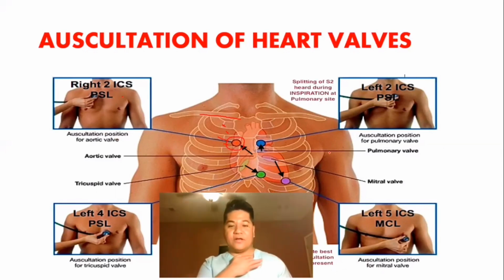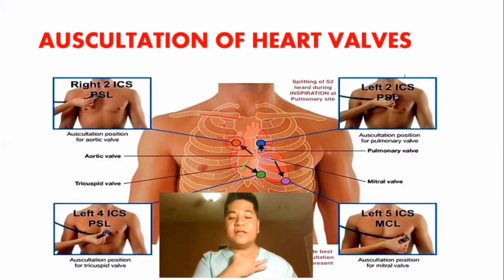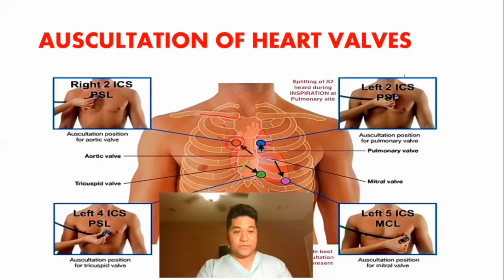So from your clavicle, below 1 and 2, that's where you put your stethoscope to auscultate it. Okay, then next is just the opposite of that, because that's the right, then to the left is your pulmonic valve, the left second intercostal space.